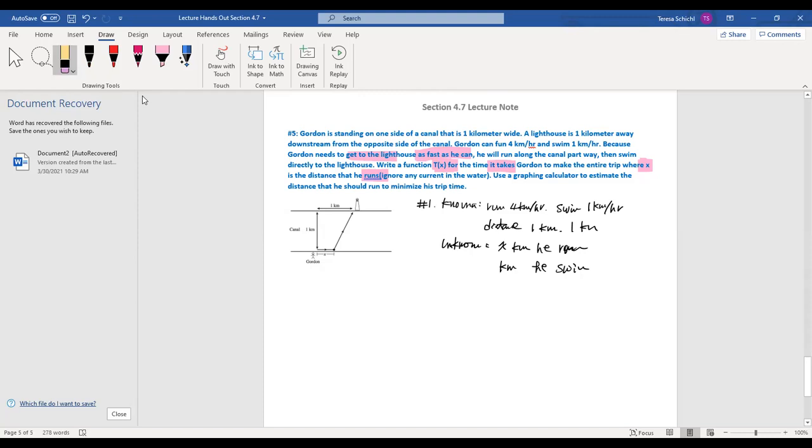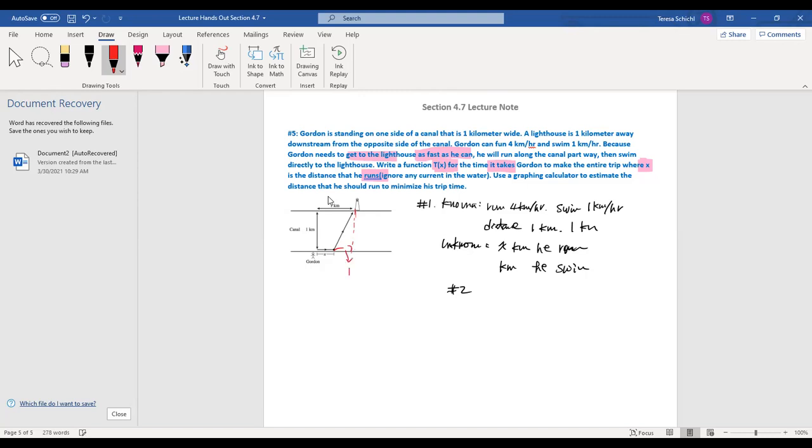All right, so now let's put this into a better graph so we will be able to solve it. This is x here, and this is the lighthouse. If he runs all the way and then swims all the way back, but now he runs x, so what is this distance here?